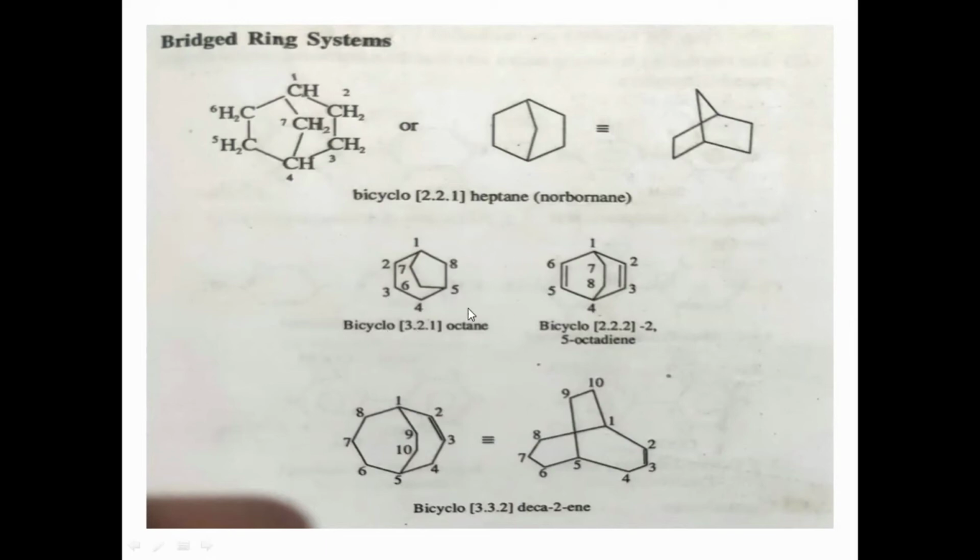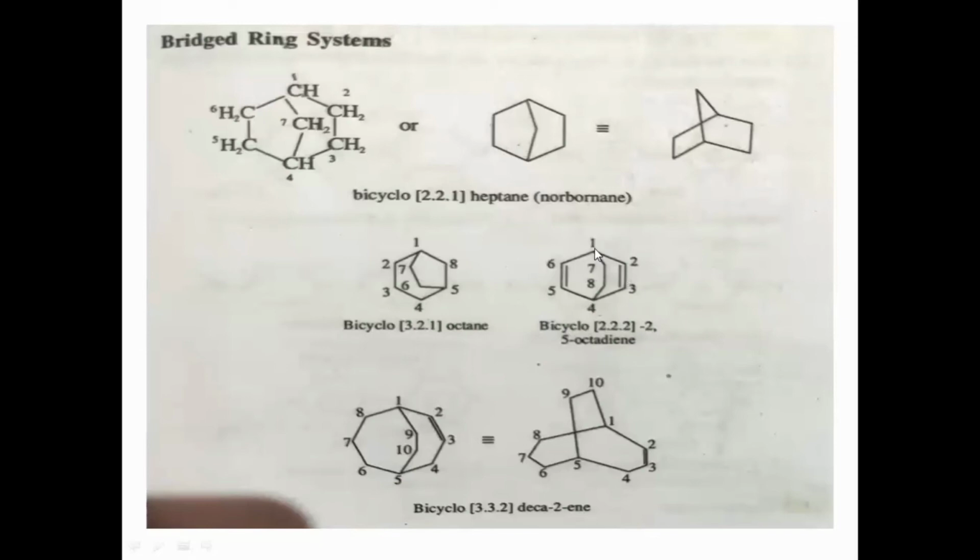So the next example, see here, we will take this one. In that, we will write the word bicyclo first, then the square bracket. There are 2, 2, 1 and 2. So 2.2, and see the middle one. There are 2 bridging carbon atoms. So we will write it as 2.2.2. Square bracket complete. Then we have to mention the position of double bonds.